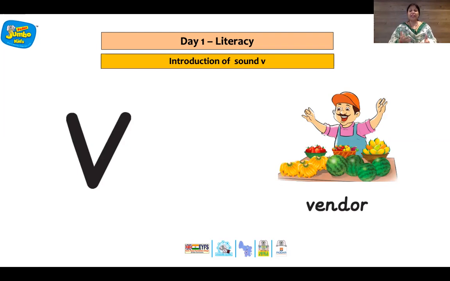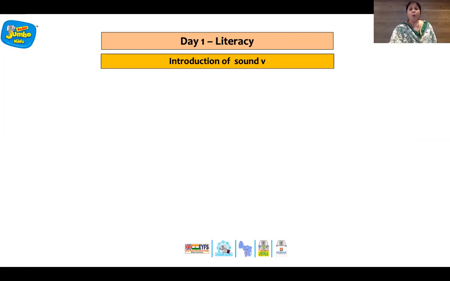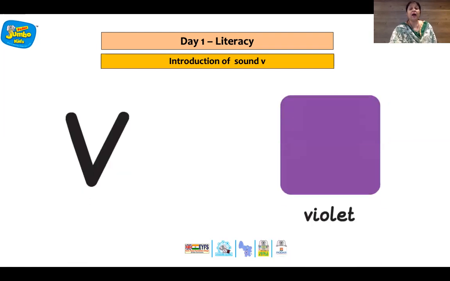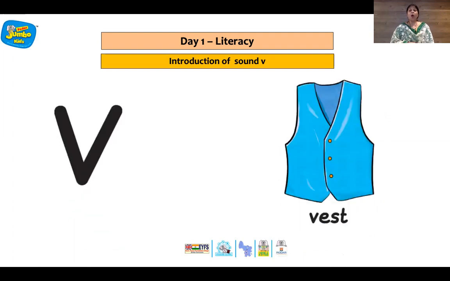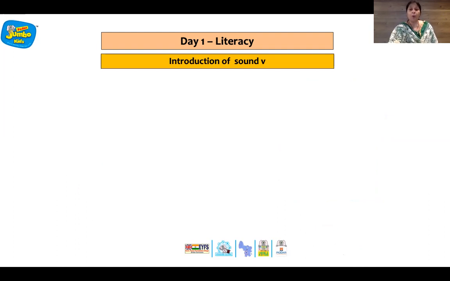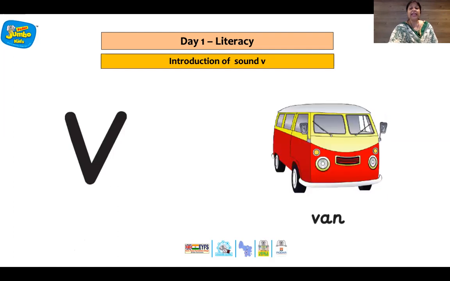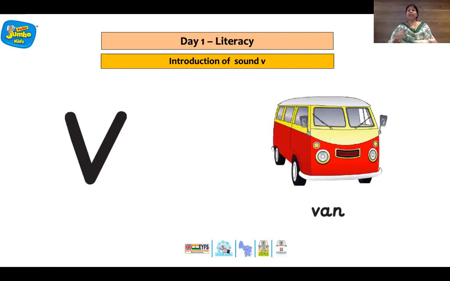Okay, so Veer was a vegetable vendor and he wore a violet color vest. Okay, what did he wear? Violet color vest. And Veer had a van. What did he have? He had a van where he used to put in the vegetables and take those vegetables to the market to sell them.